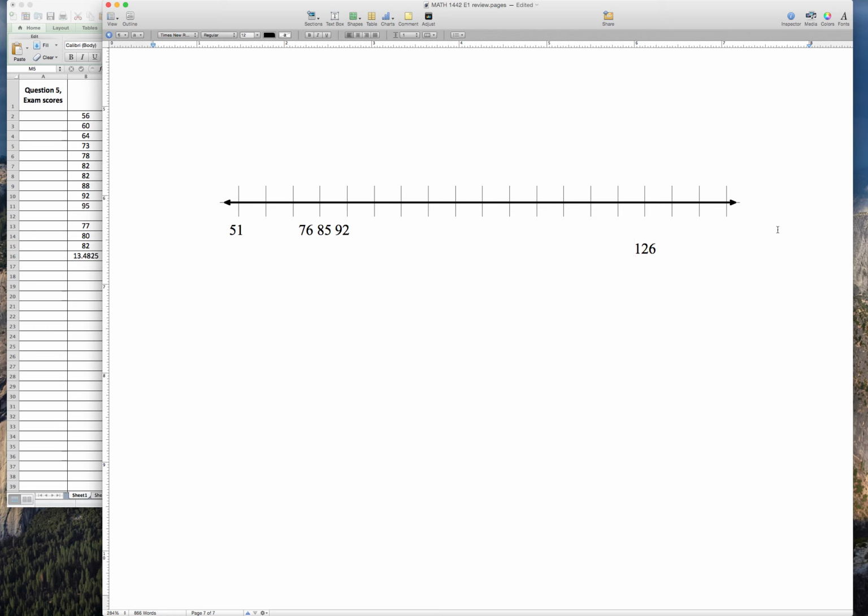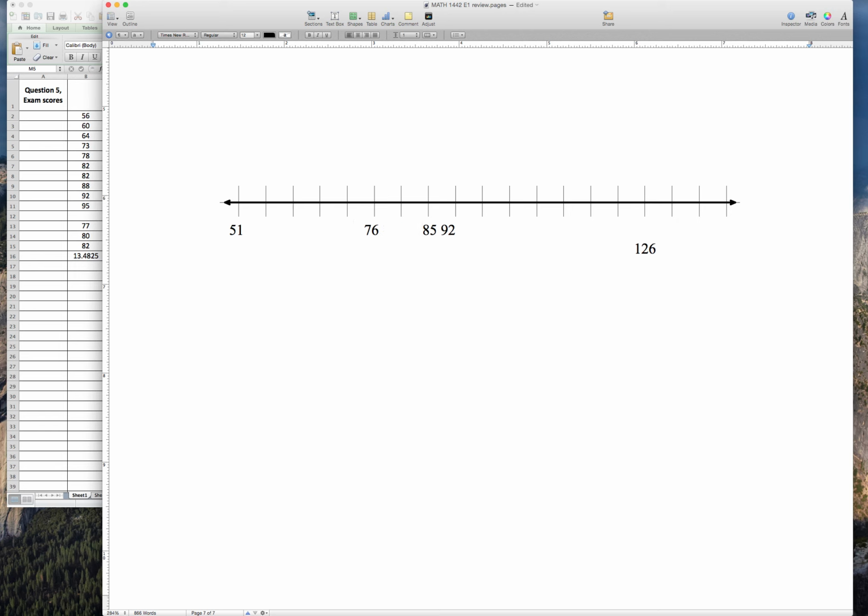And now let's see where my other values are going to be. 55, 60, 65, 70, 75. So the next value is going to be about here. 80, 85. So my next value is going to be about right there.